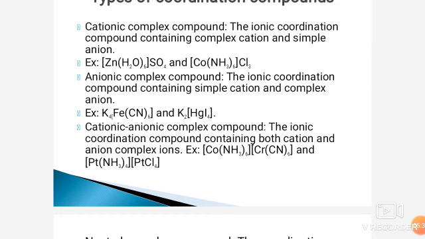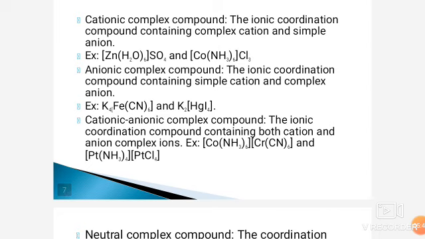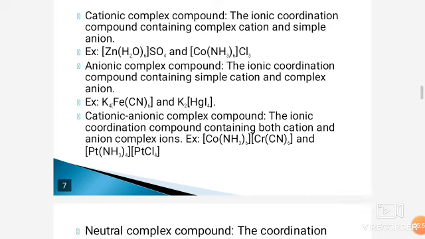These are the examples for the anionic complex compounds. If two complex ions combine together and form a complex compound, in which both ions are present, say a complex cation and a complex anion, those are called cationic-anionic complex compounds.